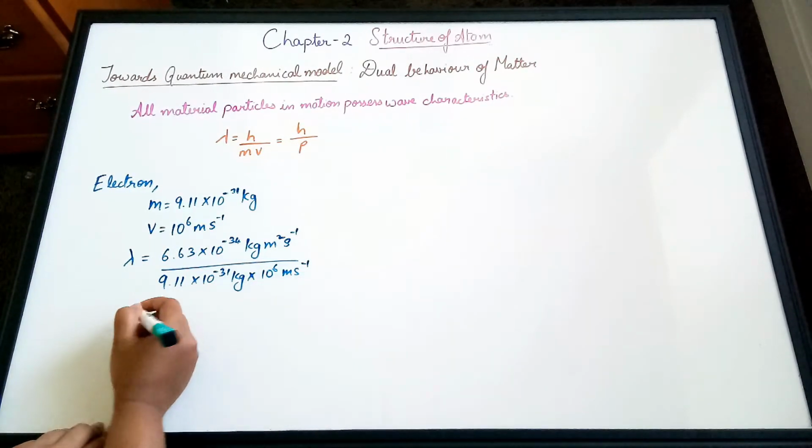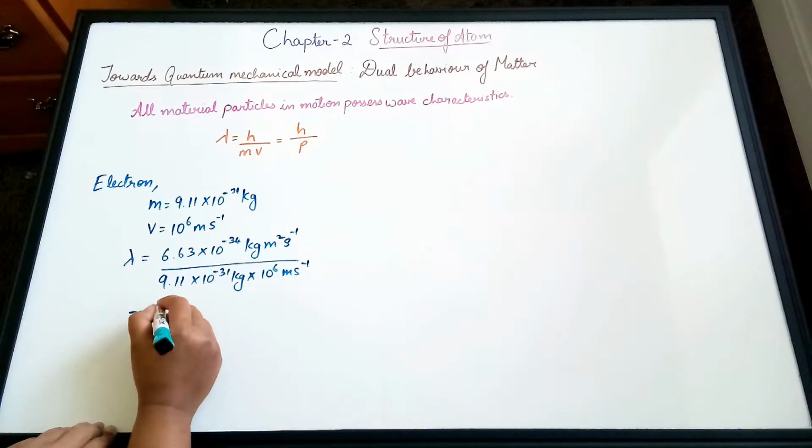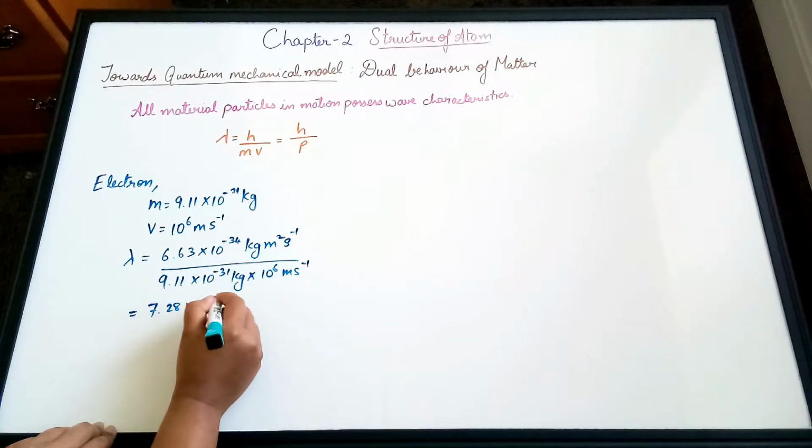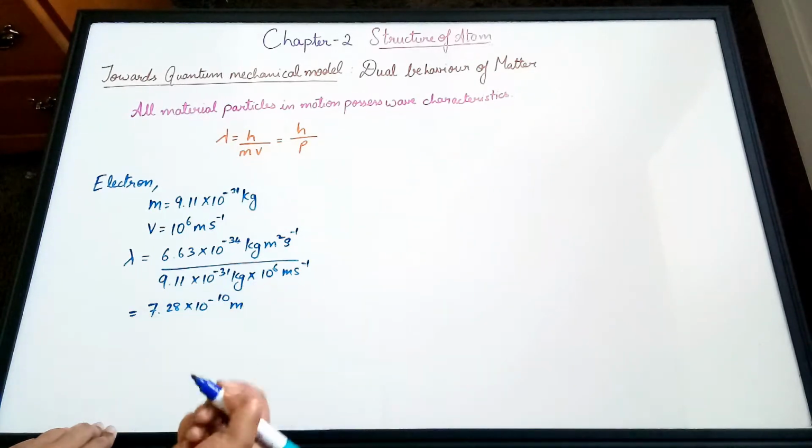So the wavelength of this particle is 7.28 into 10 to the power minus 10 meters.